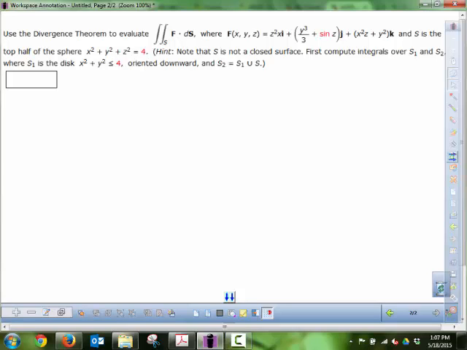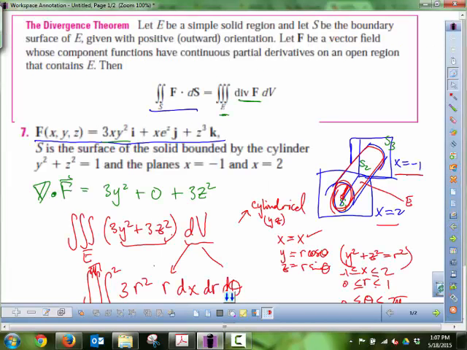All right. So, if you take a look at the divergence theorem, S is the boundary surface of a solid E. So this S is necessarily going to have to be a closed surface for it to be a boundary of some solid.